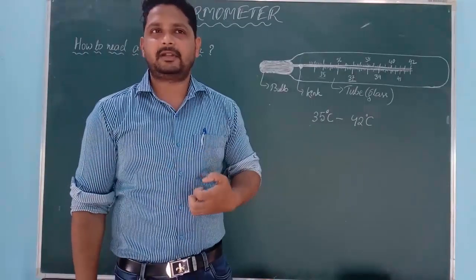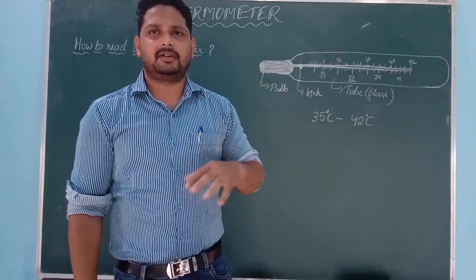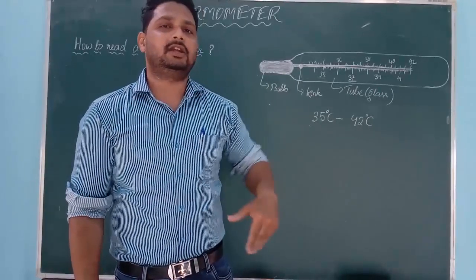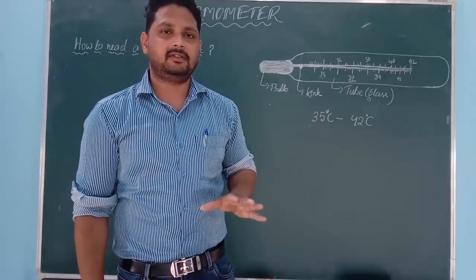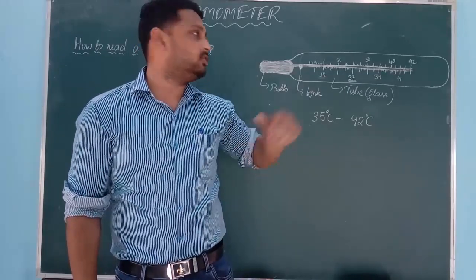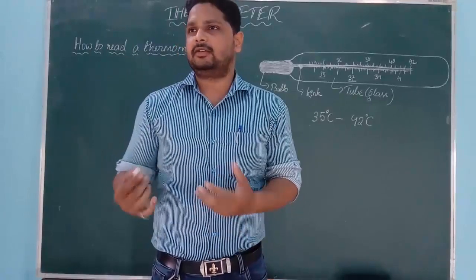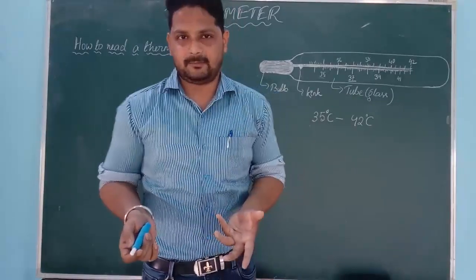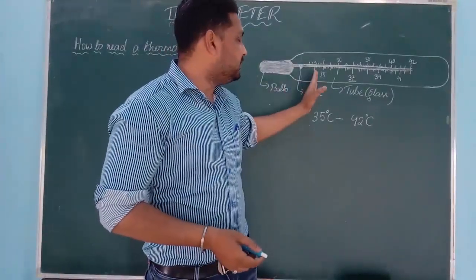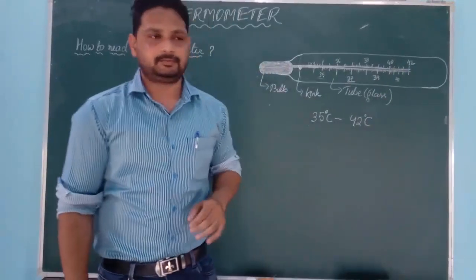Our body temperature cannot go below 35 degrees if you are alive, or above 42. Otherwise, the condition will be extremely severe. So the range is kept between 35 and 42.